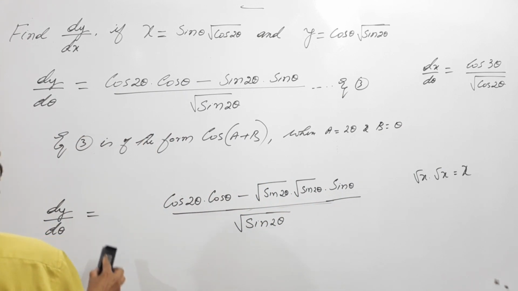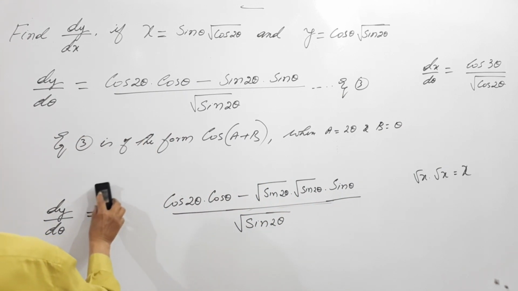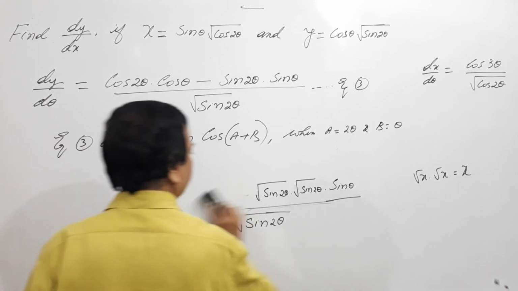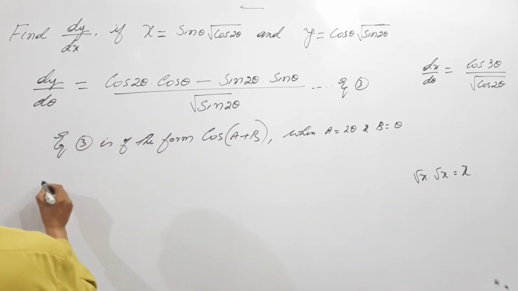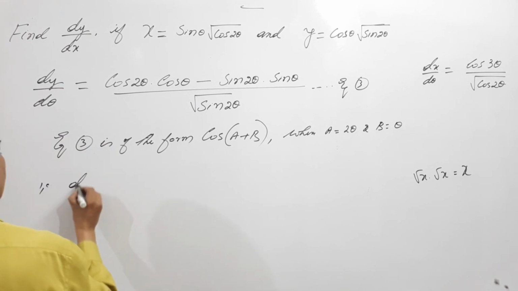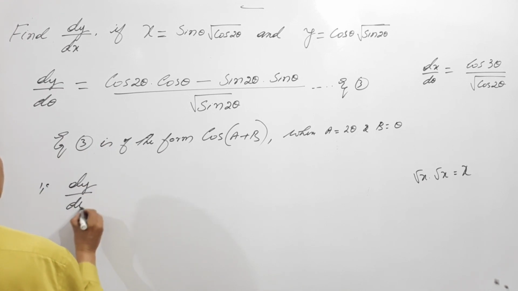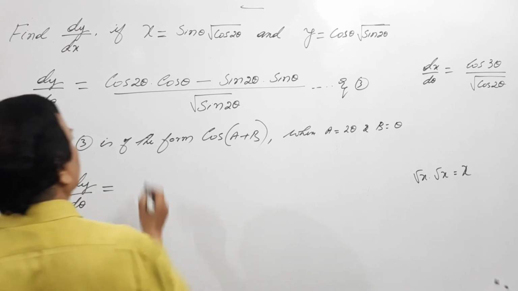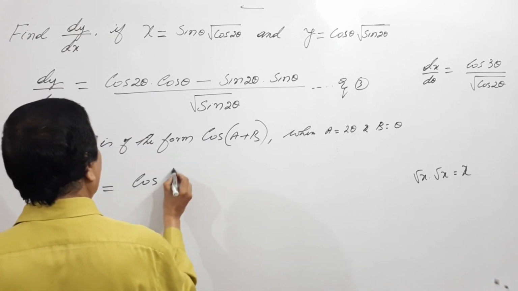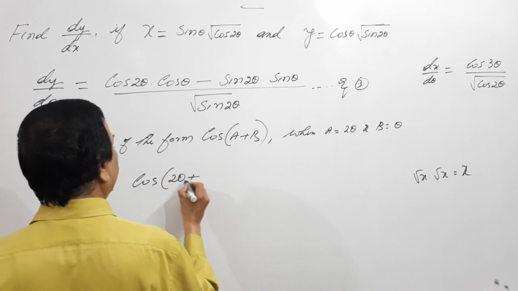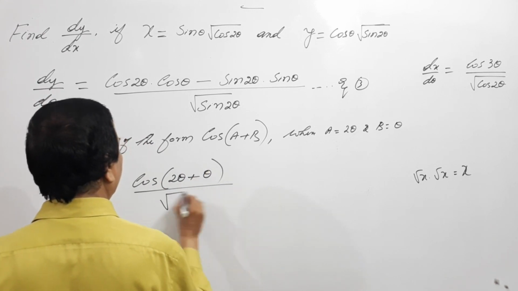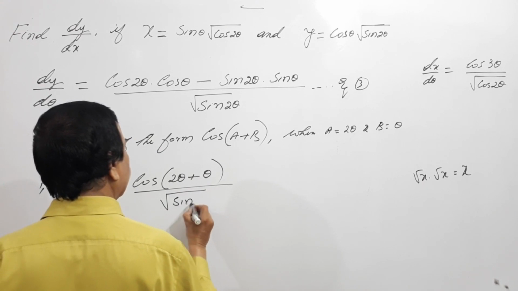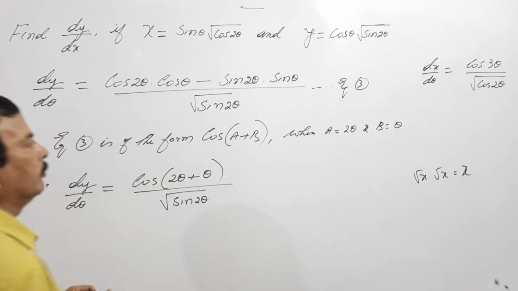So I'll rub this. So that is dy by d theta equals to what? Cos of 2 theta plus theta divided by under the root sin 2 theta.